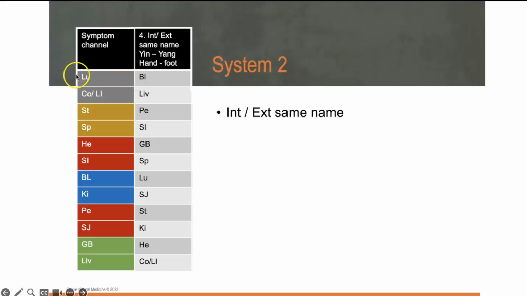So we're looking at the internal, external, same name. So Tai, being Tai, we're going same name. We're going yin to yang. So lung is yin, bladder is yang. And we go from lung is hand, bladder is foot. So you can see there again, internal, external, same name. Tai is the first one.